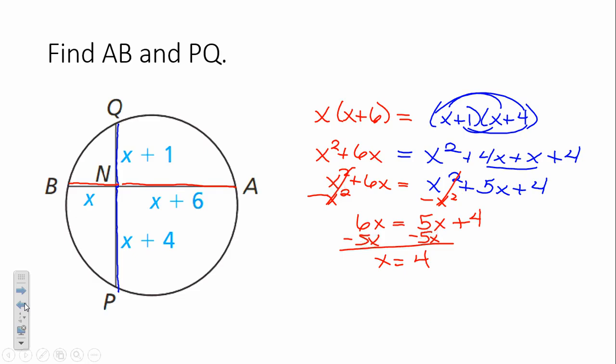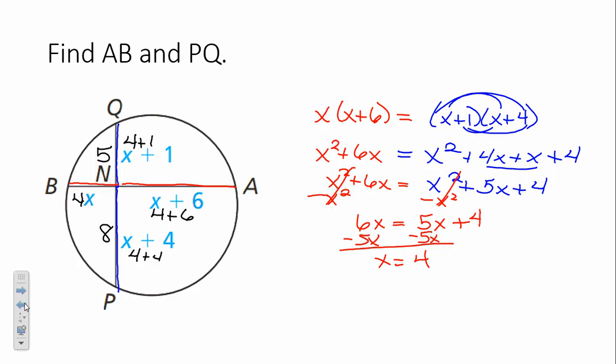Good. So when we plug 4 in, we'll have 4 plus 1, 4 plus 6, and 4 plus 4. Okay? 4 plus 1 is 5. So NQ is 5. 4 plus 4 is 8.